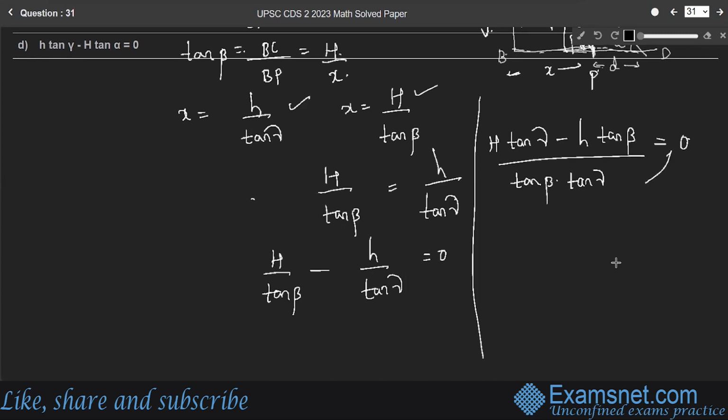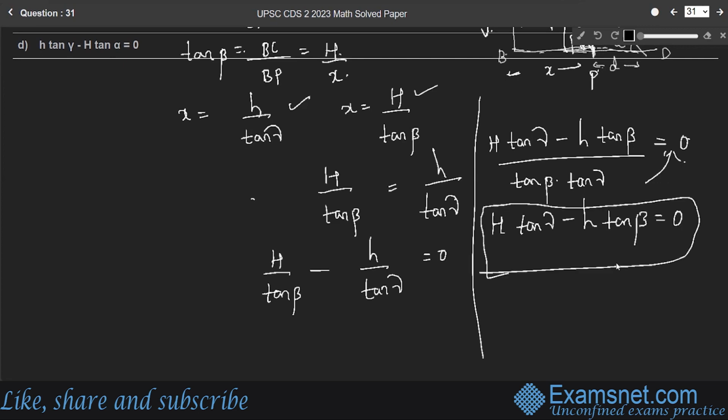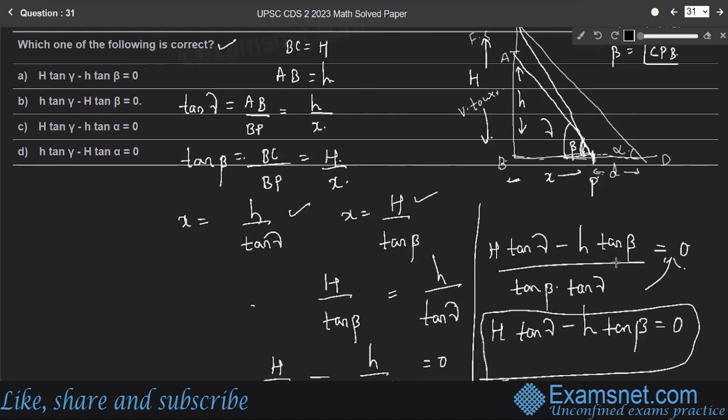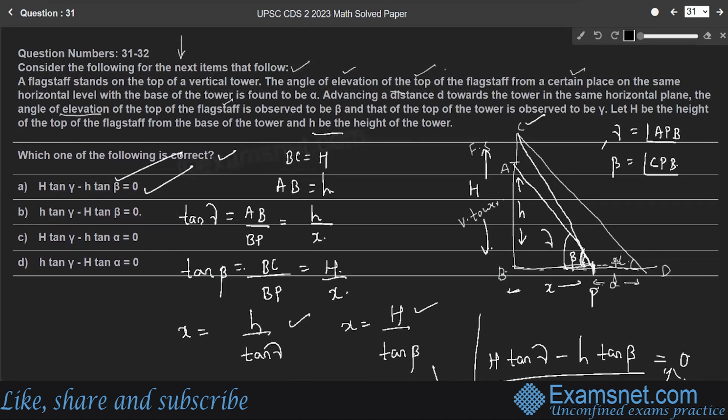Take the denominator to the right hand side, it becomes 0. So capital H tan gamma minus small h tan beta is equal to 0. This is the relation between tan gamma and tan beta. Looking at the options, option A is the correct answer.